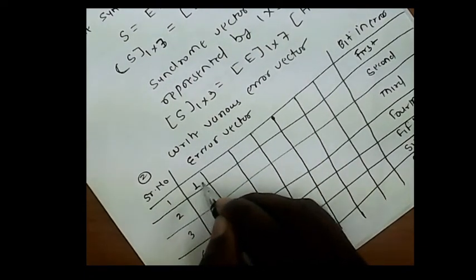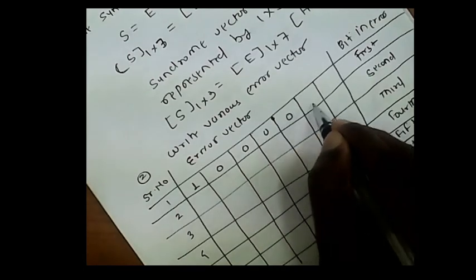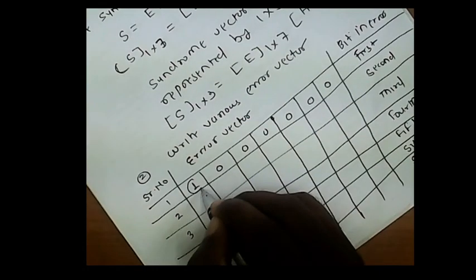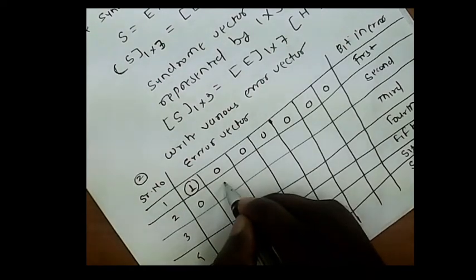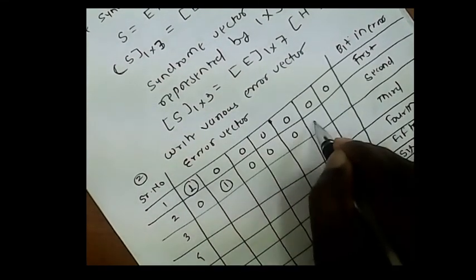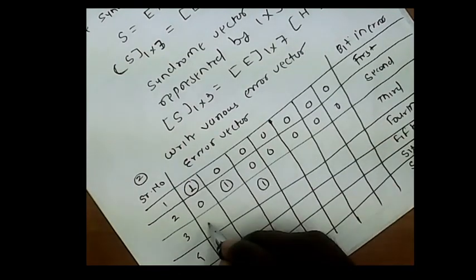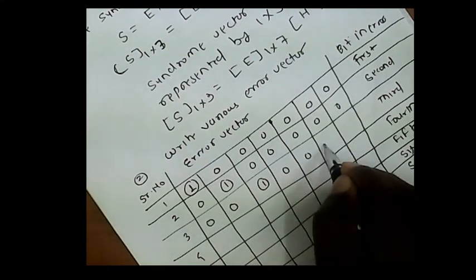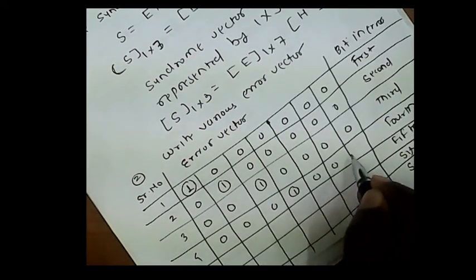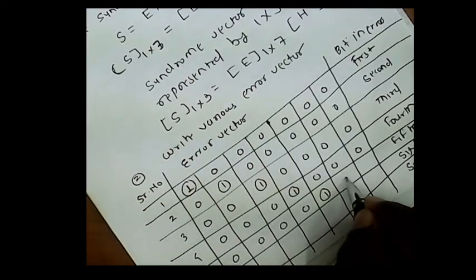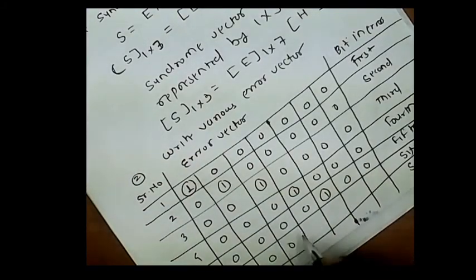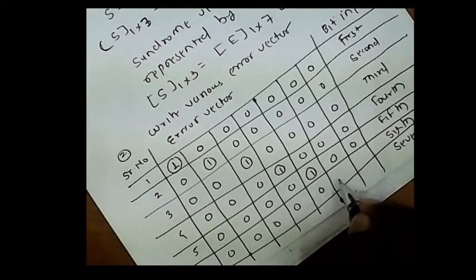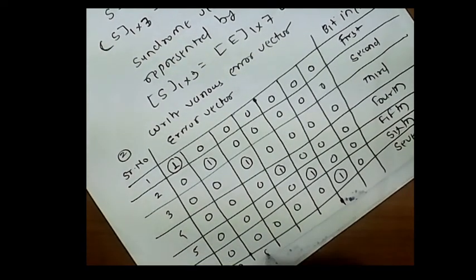So 1, 0, 0, 0. So here the error will occur at the first bit, then the second bit, then the third bit, then the fourth bit, then the fifth bit, then the sixth bit, then the seventh bit.